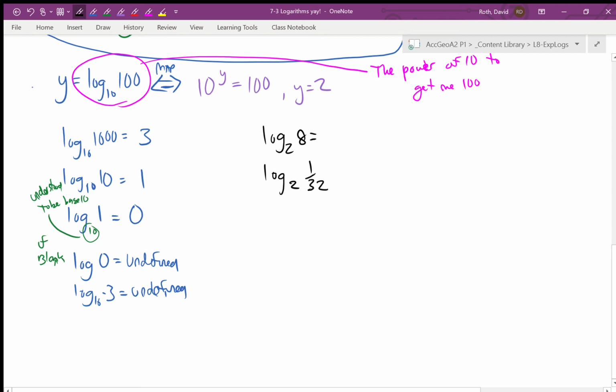Cool, that's a good one. The log base 1/3 of 27. And the log base b of b to the x. Okay, write those down, and then I'm going to start up another part 2 video to keep this going.